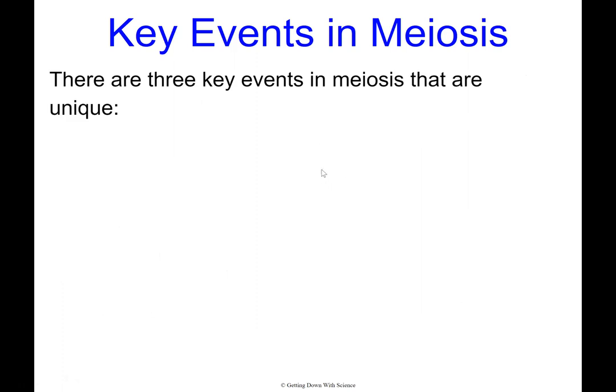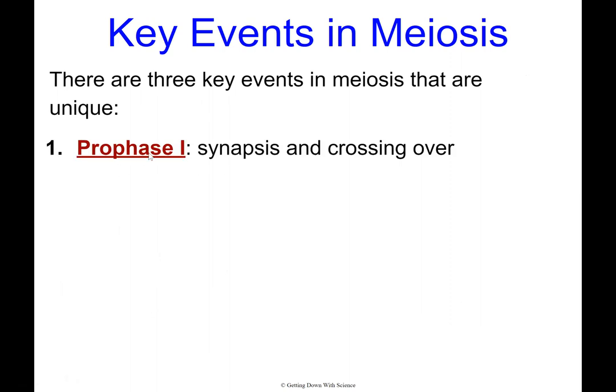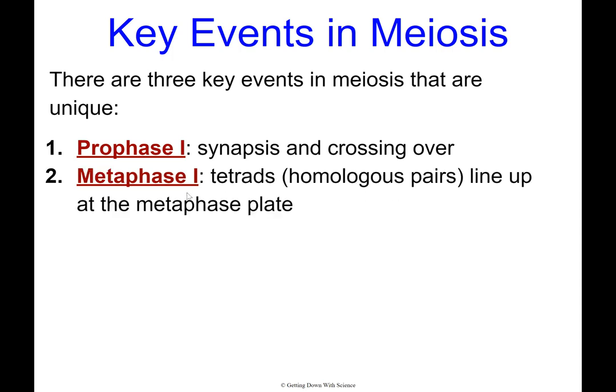So 3 key events are found in meiosis. The first one that's really unique is called prophase 1, and it's in meiosis 1. The reason this is so unique is we have synapsis and crossing over occurring. In metaphase 1, our tetrads, the homologous pairs, will line up.